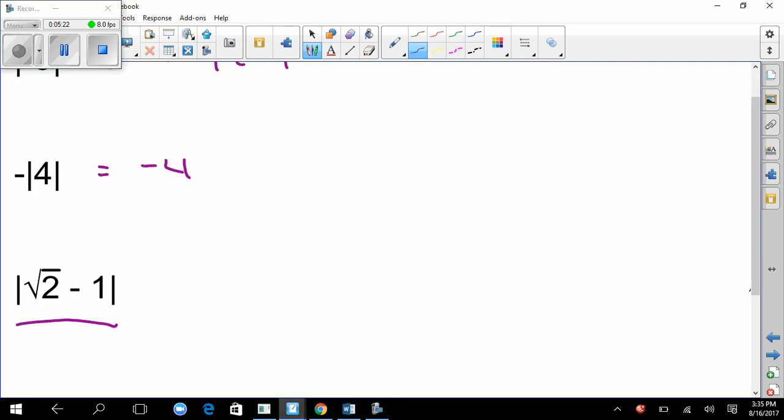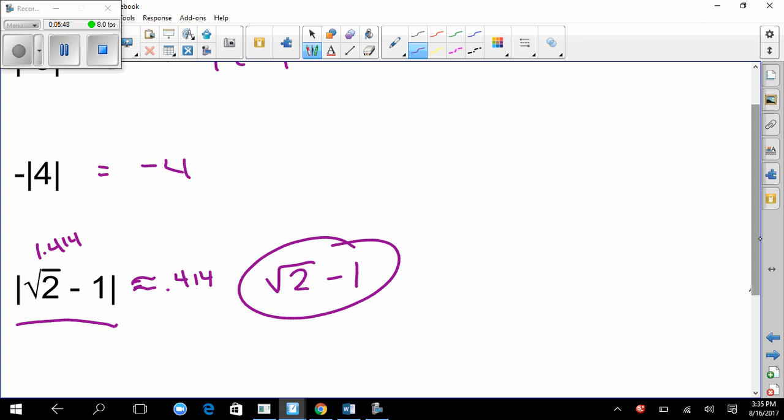Square root of 2 is like 1.414. If I subtract 1 from that, I'm still going to get a positive, approximately 0.414. That's a positive number, so I have a number bigger than 0 inside the absolute value. So it's just going to be what it is. I don't have to worry about negating it.